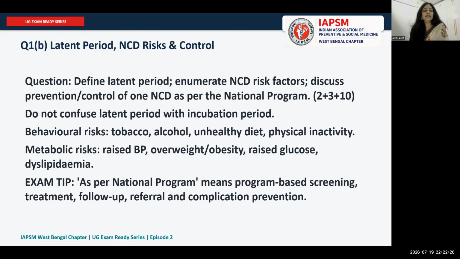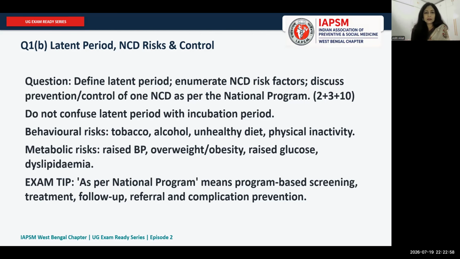Now, there was another question that asked for latent period, the NCD risk factors, and the prevention and control of any one NCD as per the national programs. Here, a warning. Do not confuse latent period with incubation period. Latent period is more to do with non-communicable diseases, and incubation period is more to do with infectious diseases.